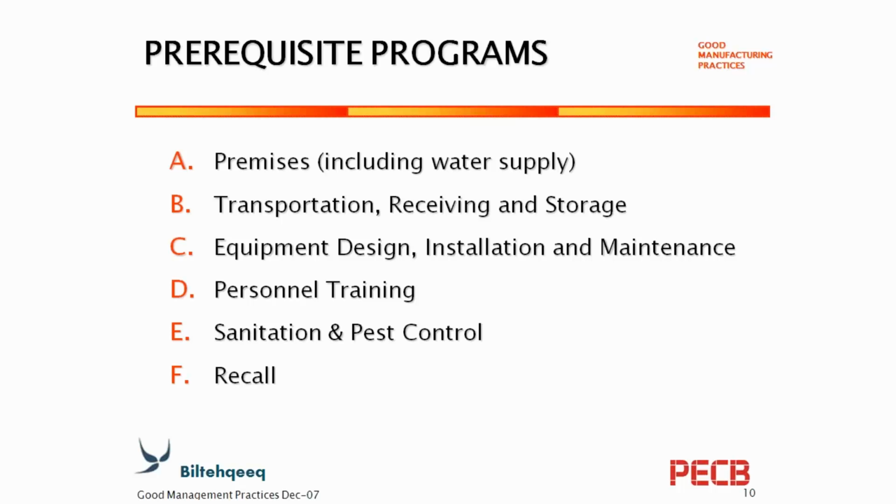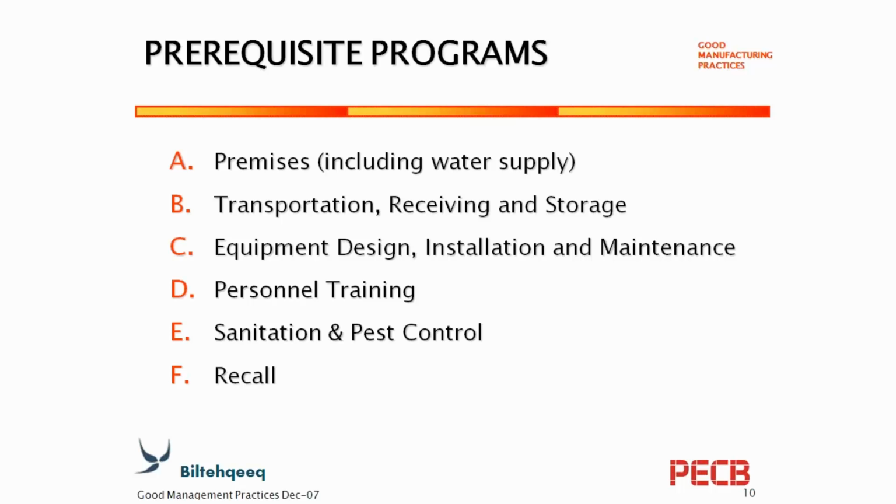And the other issue is the recall. If something bad happens, then you have to have a proper system of recall, a process and procedure by which you can recall all these products, even if they are anywhere in your supply chain.